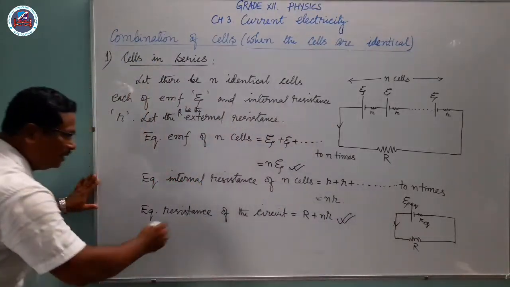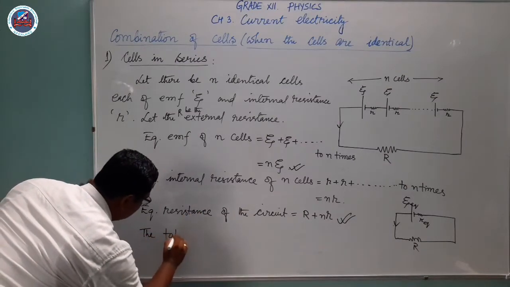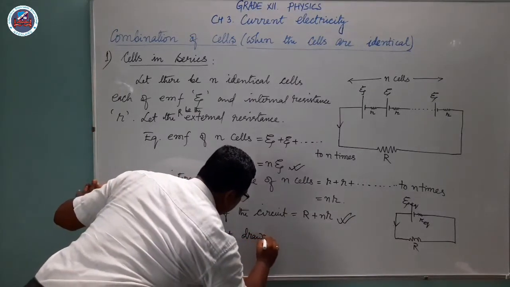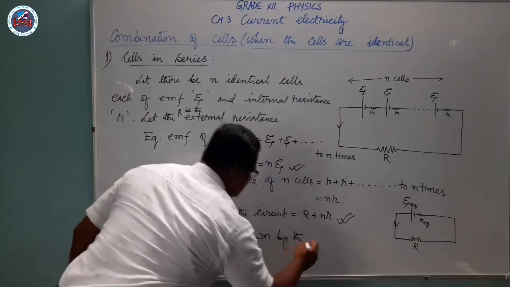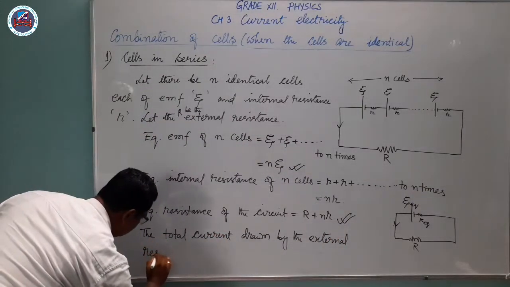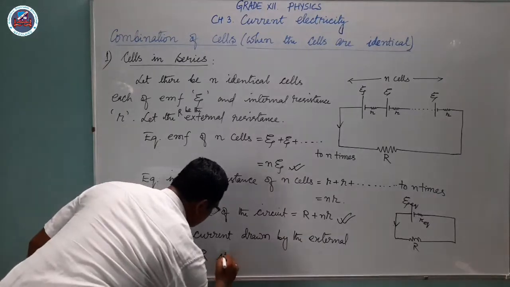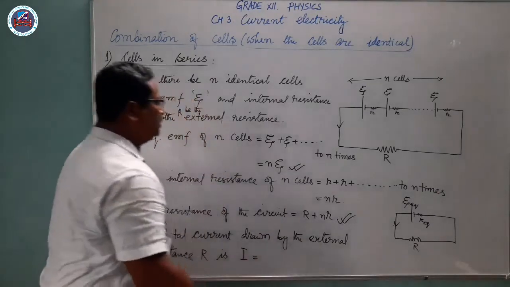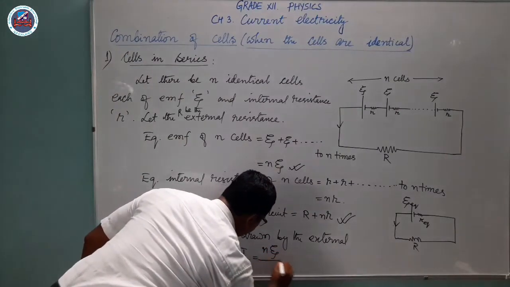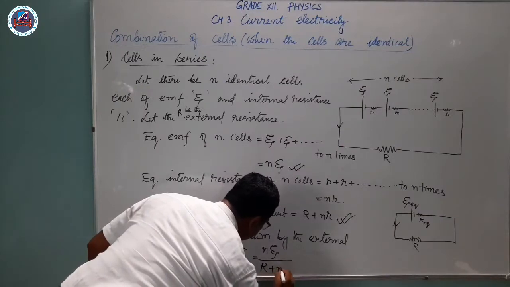So I'll write here: the total current drawn by the external resistance R is I equals the equivalent EMF, that is n epsilon, divided by the equivalent resistance of the whole circuit, that is R plus nr.